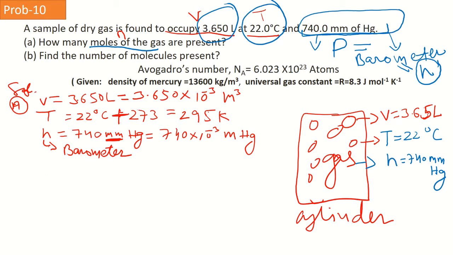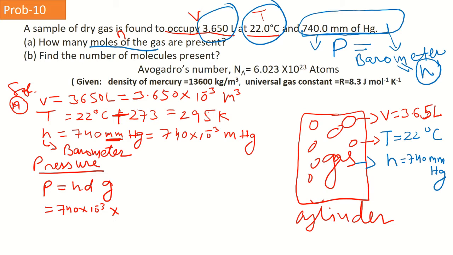So you have to use the formula for the pressure by using the barometer, and the formula is P equal to H D G. Here the value of H is in meter, so this is 740 into 10 to the power minus 3, and D stands for the density of the mercury.